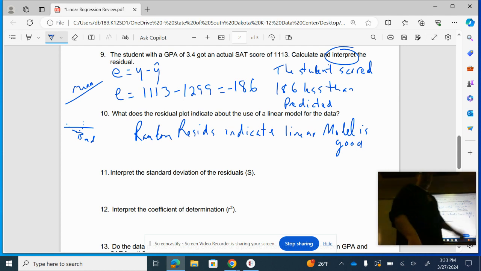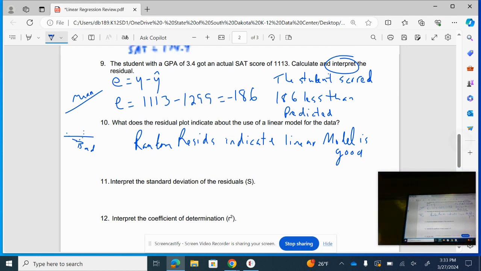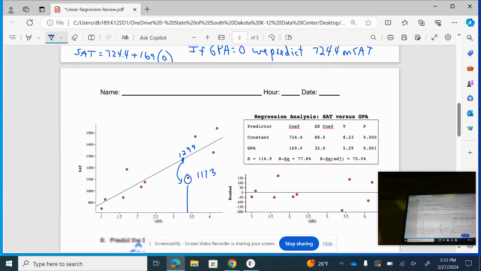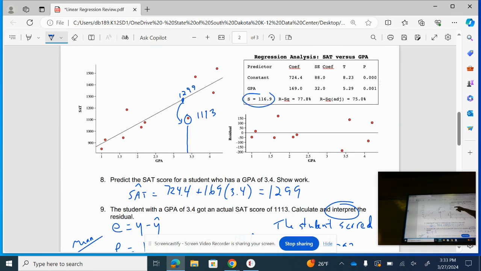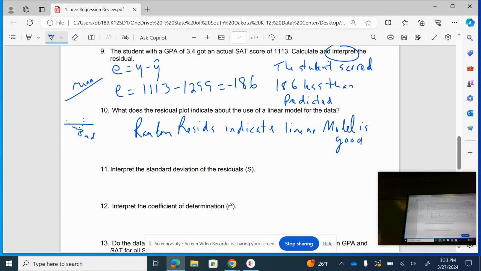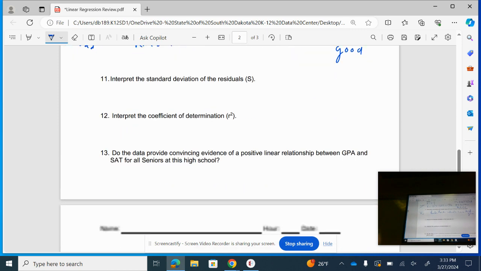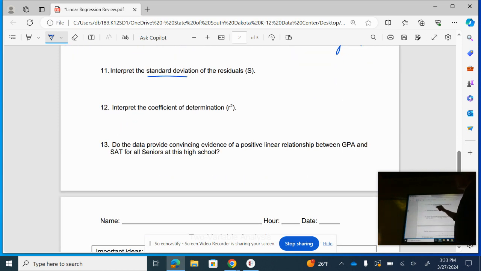Now, this next one, I usually don't teach this. I mentioned it one time in a video, but the standard deviation of the residuals did appear on the AP exam one time. Standard deviation of the residuals is 116.9. Here's the simple solution. What is standard deviation? Standard deviation is the average measure of spread.